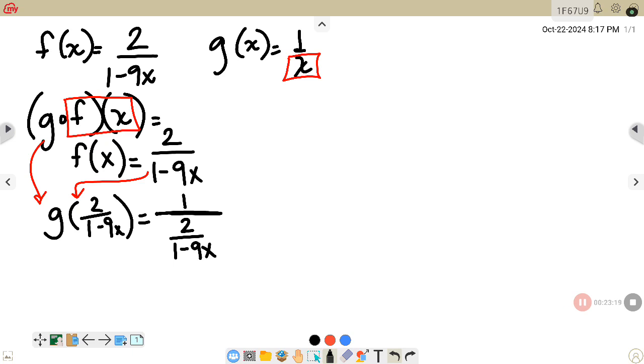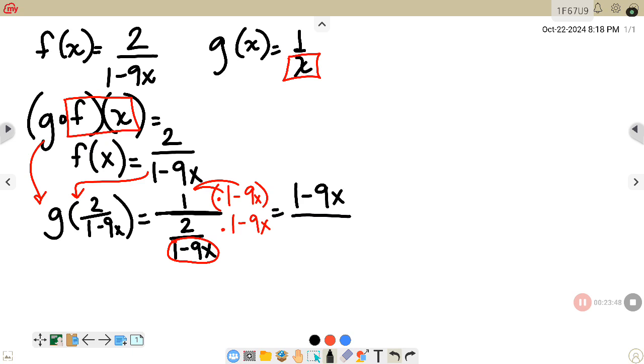I'm going to multiply the numerator and the denominator by the denominator of that smaller fraction, which is 1 minus 9x. So in the numerator, when I multiply 1 times 1 minus 9x, I just get 1 minus 9x.